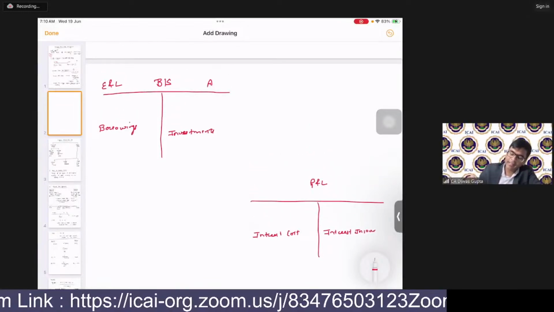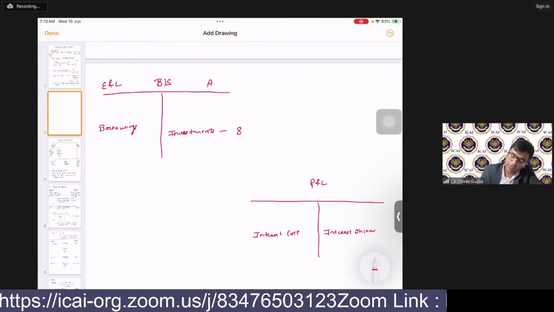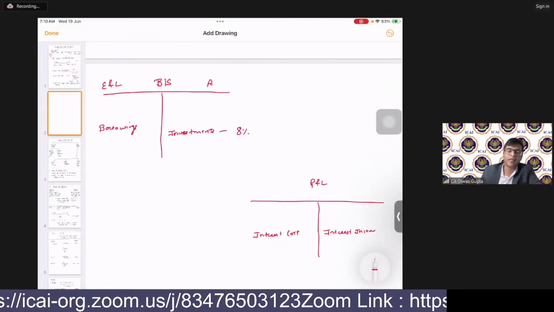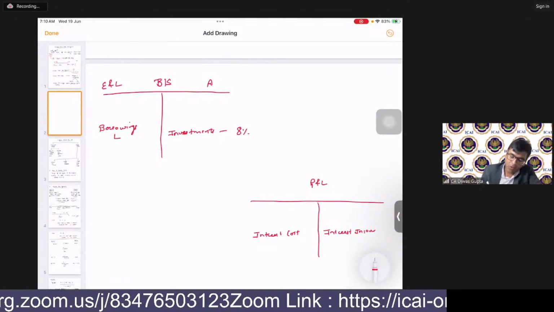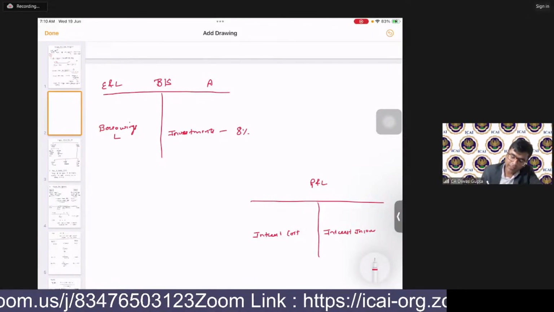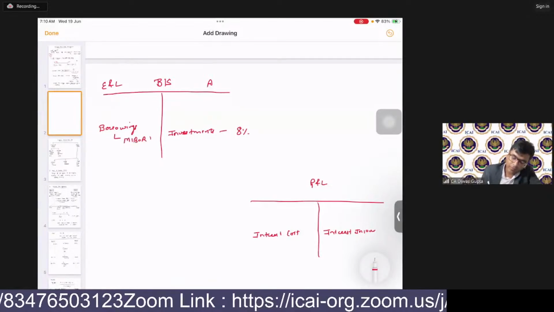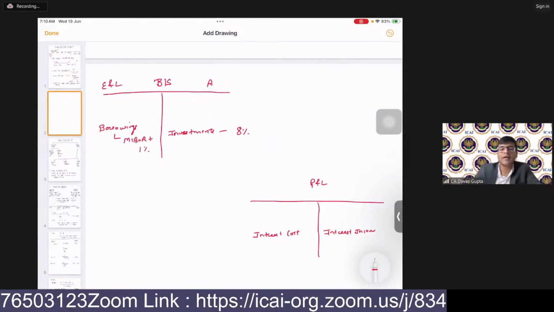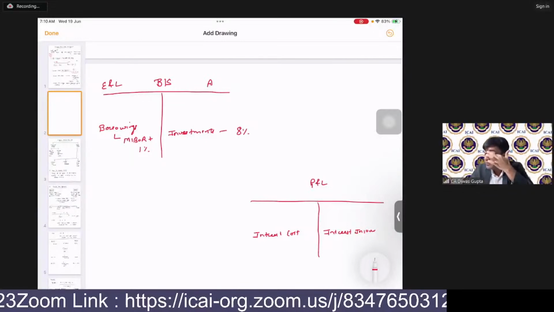Now, let's say the investments are done at the rate of 8%. And the borrowing is done at, let's say, MIBOR plus 1%. I will explain what MIBOR is, which is the Mumbai Interbank Offered Rate.